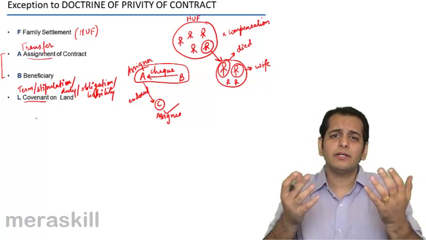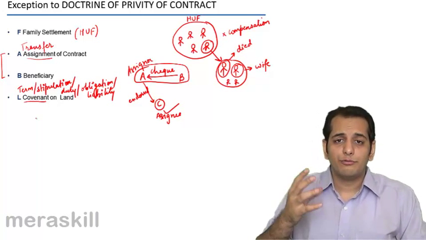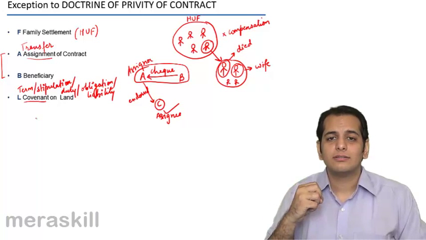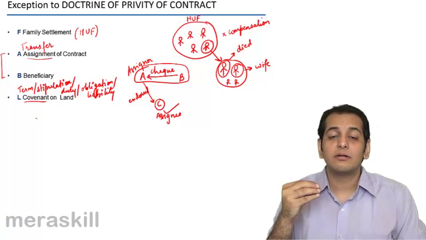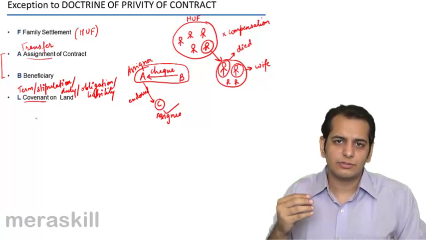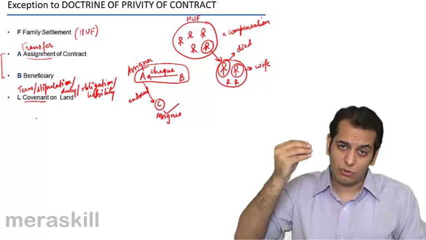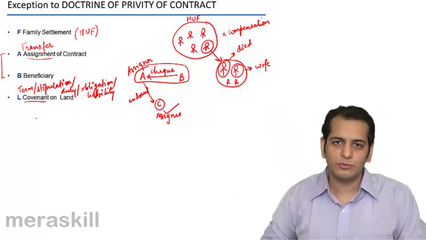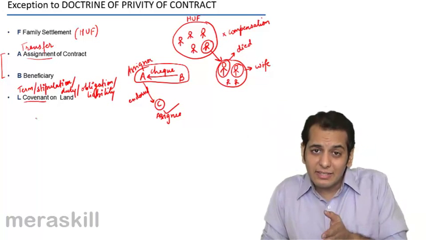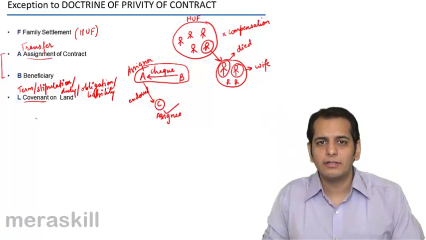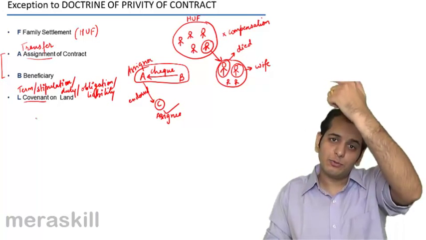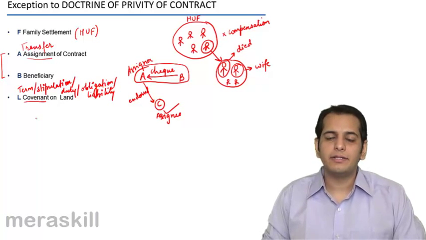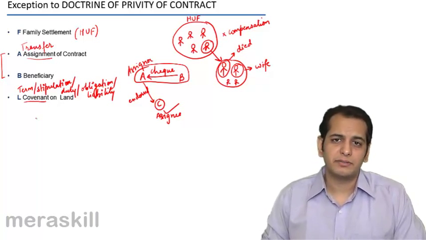There can also be a case wherein the seller has some liability, some land arrears, some land revenue arrears or some taxes which he needs to pay to the government. So the seller may put a condition over the buyer that before taking the charge of the land, you have to clear my liability that I have in the form of taxes to the government.